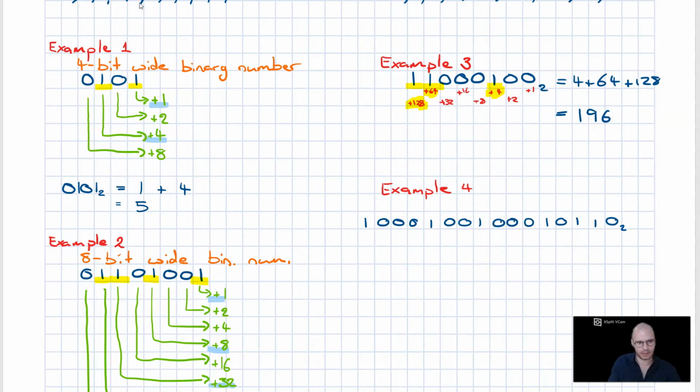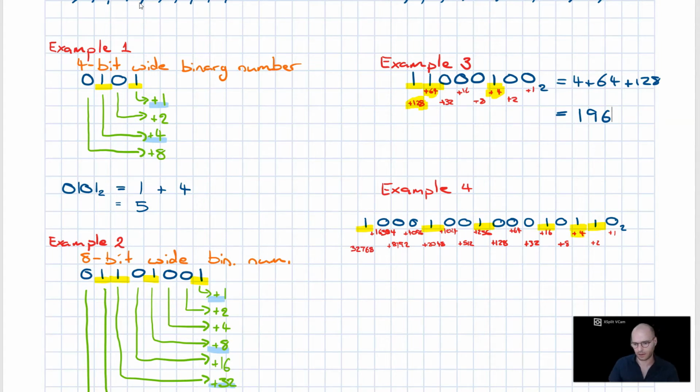We'll look at the numbers and we have to highlight our ones first. Now we'll go back and we'll go plus 1, plus 2, plus 4, and so on. Alright, so we've got all the numbers.